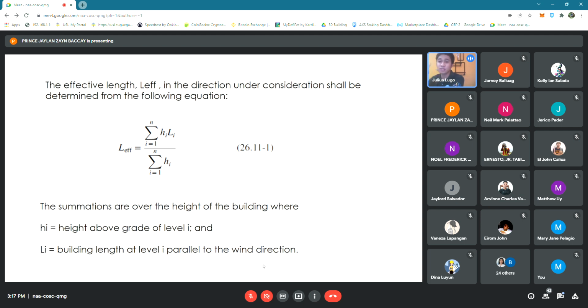Two-story is 2 levels, 3-story, and so on. That will be your building level. Whatever the length of the structure parallel to the direction of the wind, that is the LI we use. That's how you compute the effective length. Next slide, approximate natural frequency.